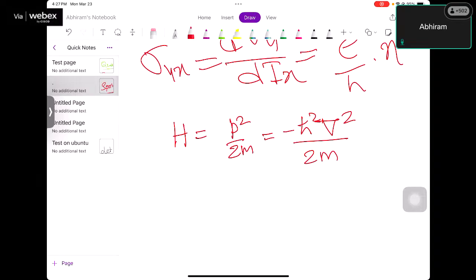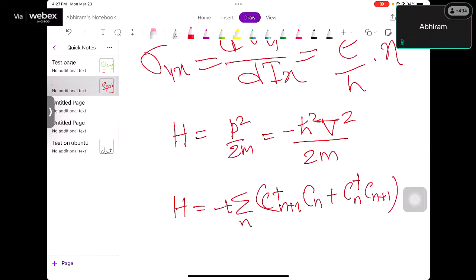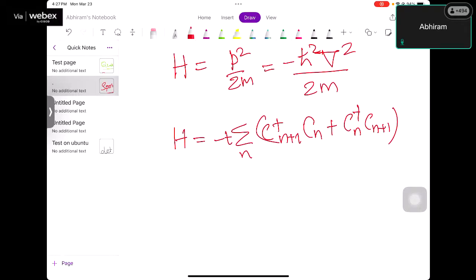For the same kind of Hamiltonian, you can write in the second quantized language, in one dimension, H equal to summation over n of minus t, where t is the hopping amplitude, c dagger n plus 1 c n plus c dagger n c n plus 1, where c n is an annihilation operator and c dagger n is a creation operator. It's a mathematical thing. It basically creates an electron at site n, so n equal to 1, 2, 3, 4. This is a lattice actually here.